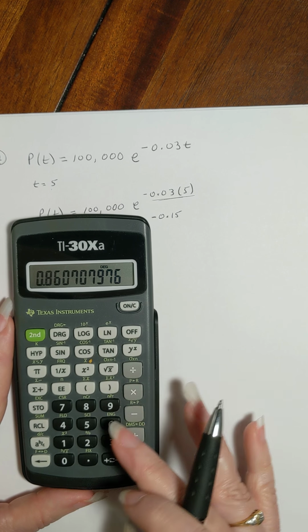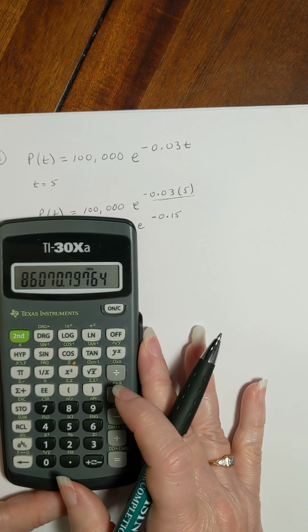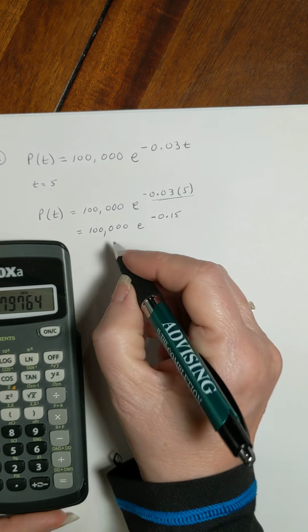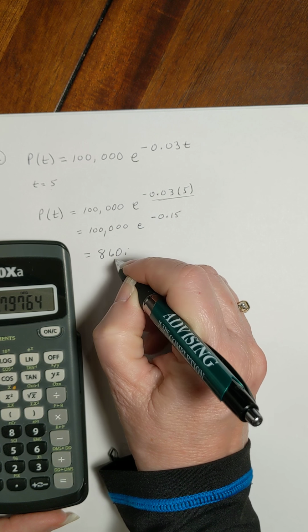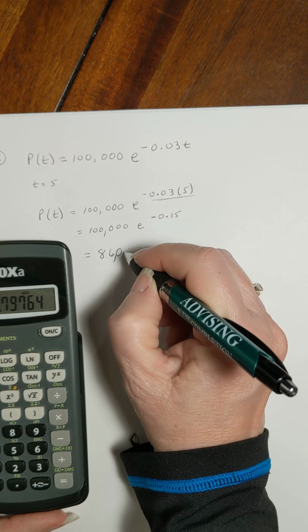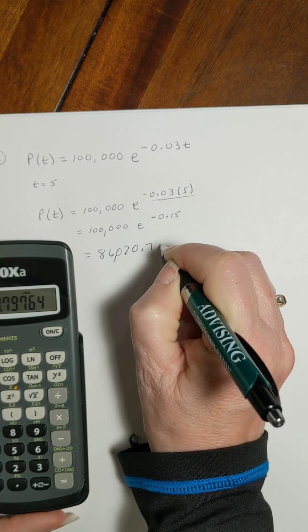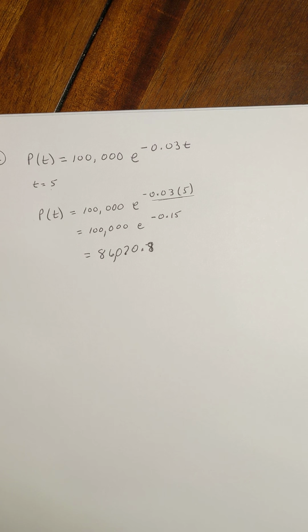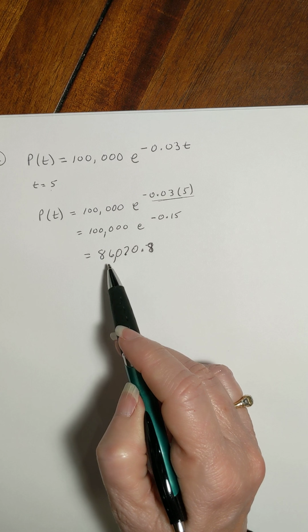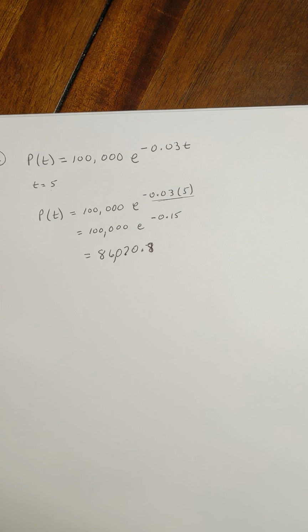So I'm going to go times 100,000 is equal to, and so that gives me 86,070.7 or 0.8, it's actually going down. And so the new population for this city or for this bacteria or whatever it is going to be 86,070.8. And they'll tell you how to round it off.